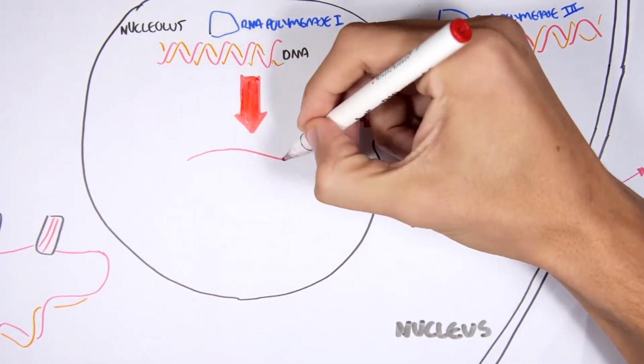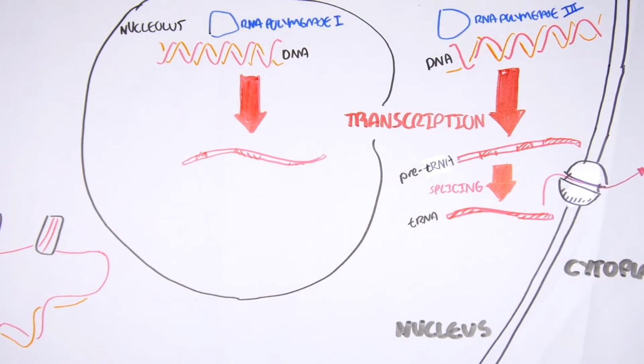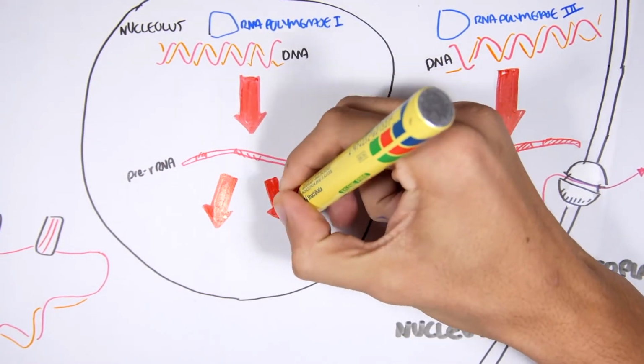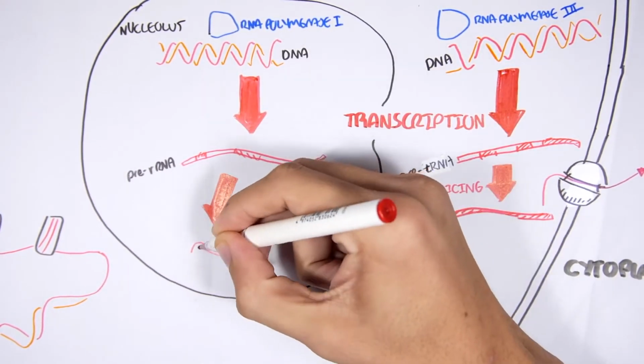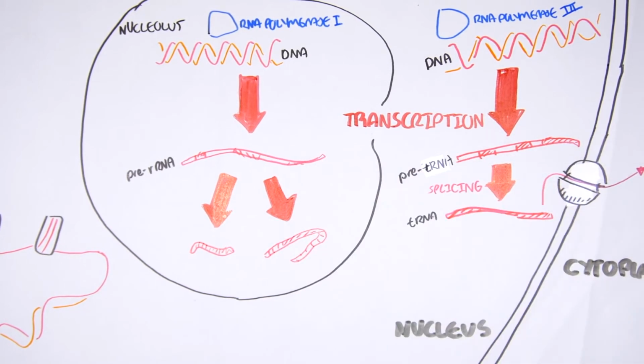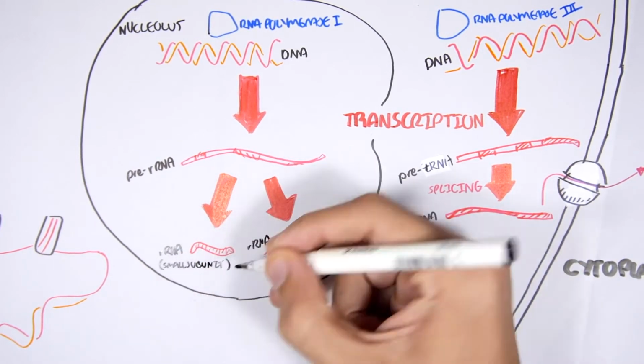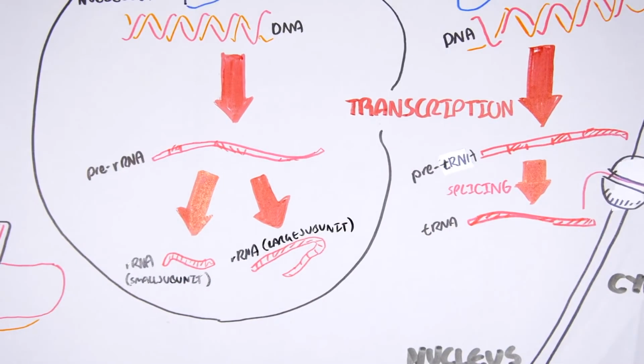RNA polymerase 1 will synthesize pre-rRNA, pre-ribosome RNA, which will be spliced to form two rRNA strands. One is small and the other one is big. The small and the big rRNA strands will eventually form the small and large subunit of the ribosome.